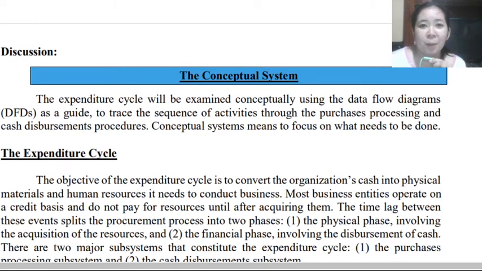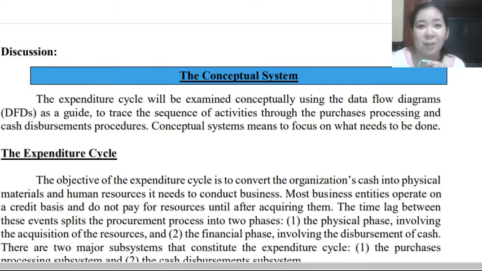For the conceptual system, basically again, just like our revenue cycle, your expenditure cycle will be examined conceptually using our data flow diagrams as a guide, and also to trace the sequence of the activities throughout the purchases, processing, and cash disbursement procedures.